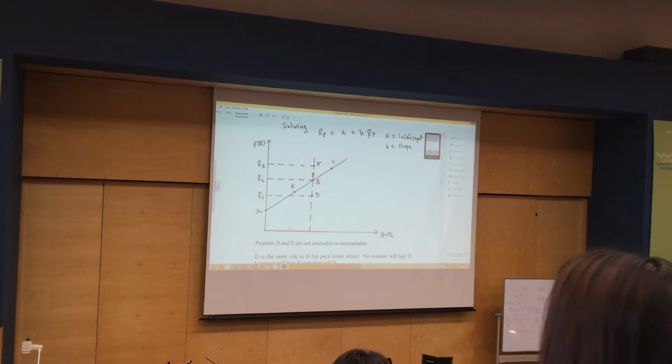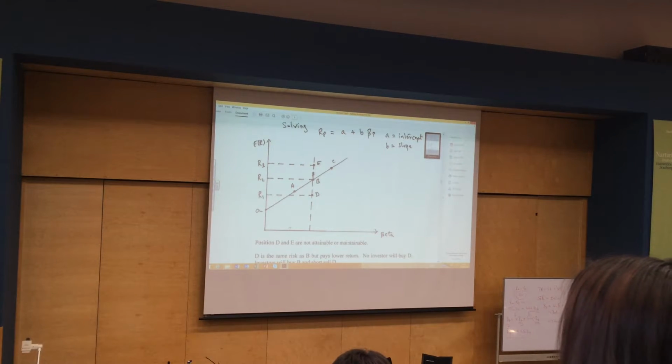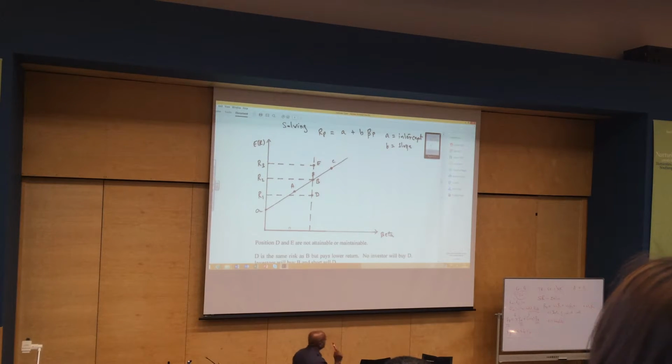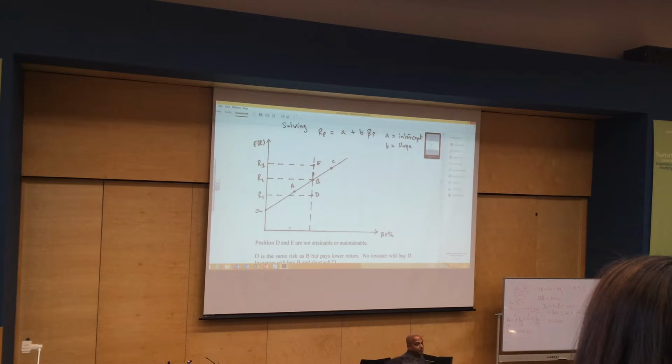We are measuring the relationship between expected return and beta now, systematic risk. They removed total risk and only kept the systematic risk, and they found an upward sloping line. So the B that we find must be positive. The A must be positive also. It's an upward sloping line.